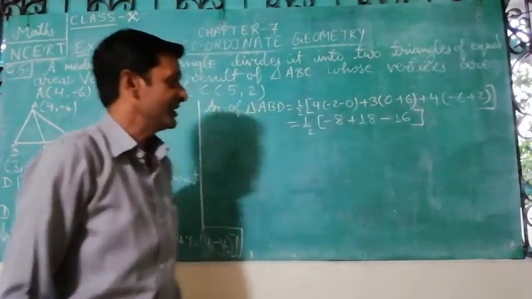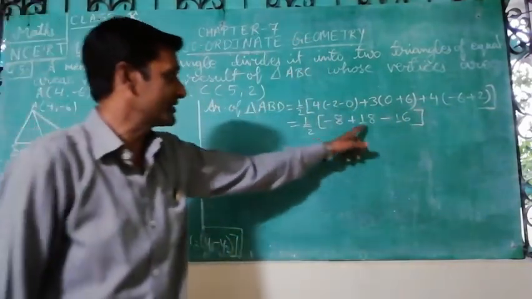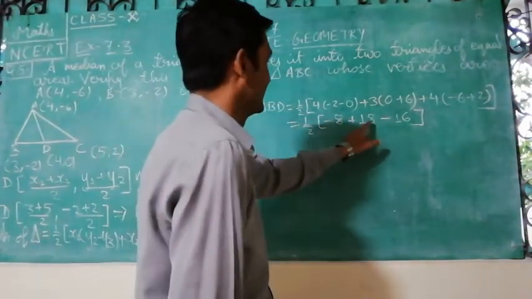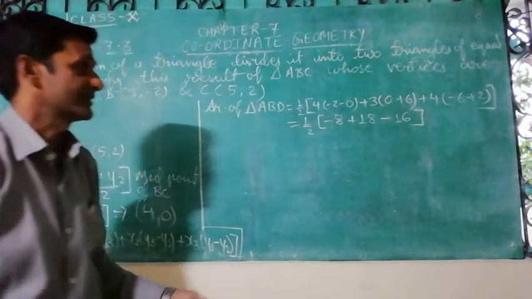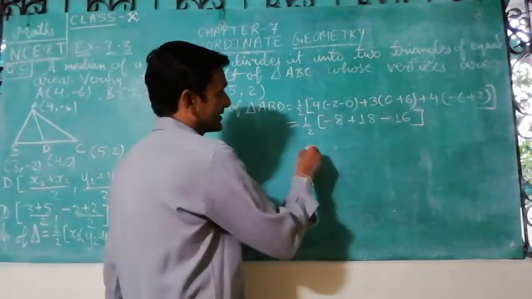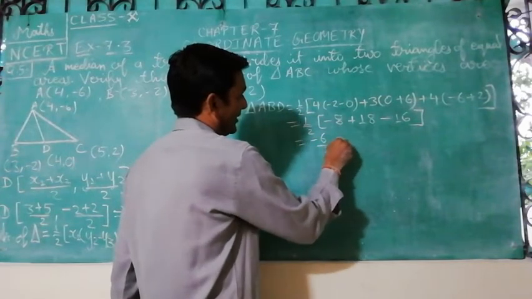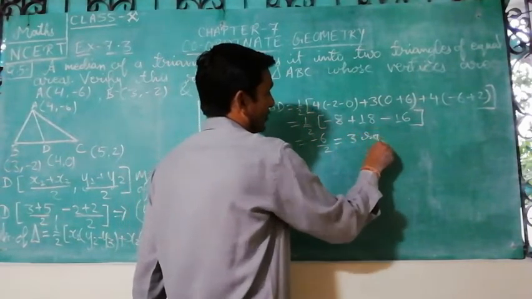Minus 16 minus 8 is minus 24. Minus 24 plus 18 is minus 6. So minus 6 upon 2 is equal to 3 square units.